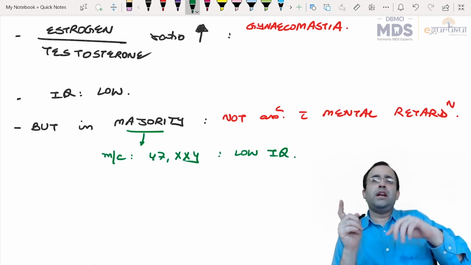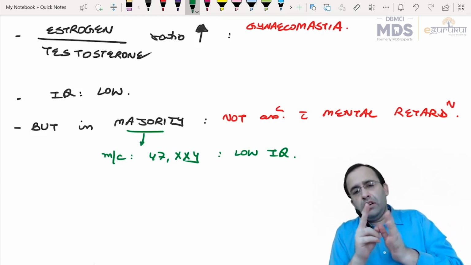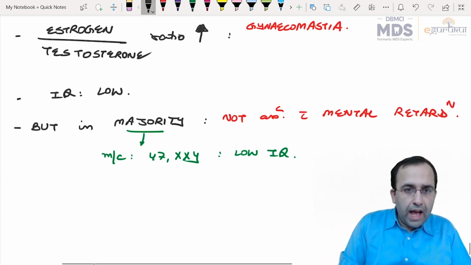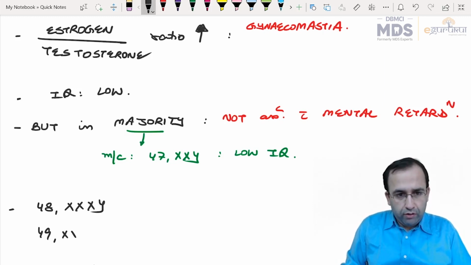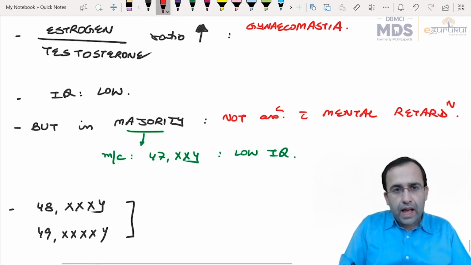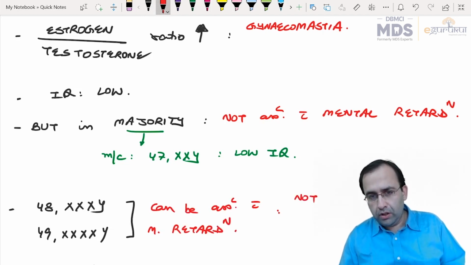You will do this in psychiatry: IQ less than 70 is mental retardation. 47XXY is low IQ, it is not mental retardation. As the number of X chromosomes increases, 48XXY or 49XXXY can be associated with mental retardation, but this is not common.